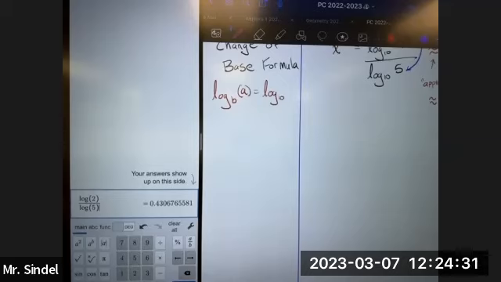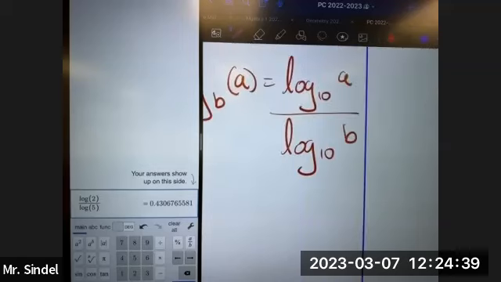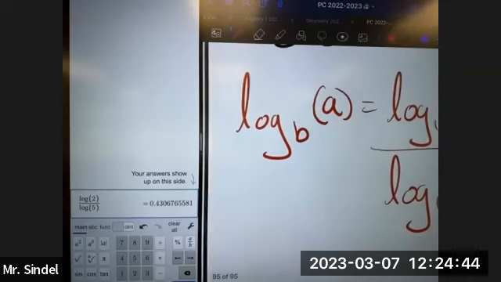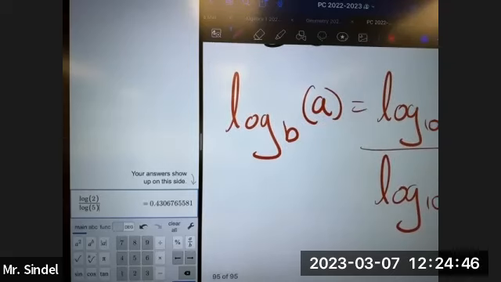Log base 10 of a all over log base 10 of b. There you go. There's your formula, and maybe not so neat handwriting, but there it is. So it's a change of base formula. That way you can get to this nice base. You could have chosen e. It's the same thing. You'll get the same exact answer, in other words.